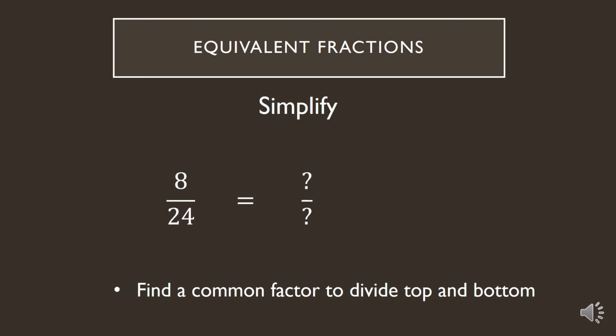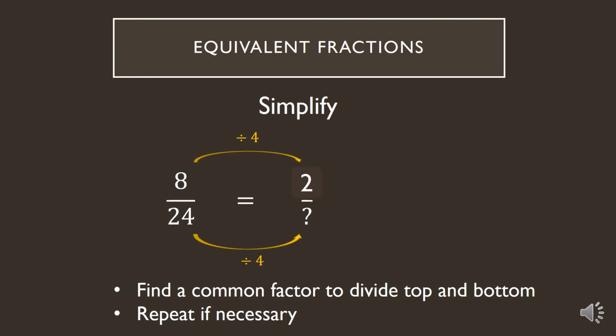So I can see quickly, okay, I'm going to try 4. 4 goes into both numbers, and perhaps I'll have to repeat this. Divide 8 by 4 gives 2. 24 by 4 gives 6. But if I look at 2/6, I see there's still a common factor there. 2 is common to both of those, so I could repeat that again.